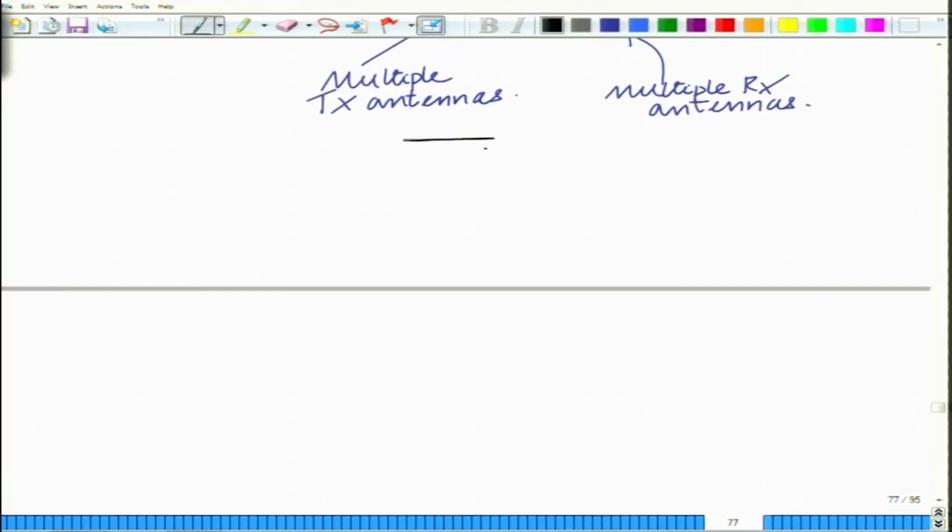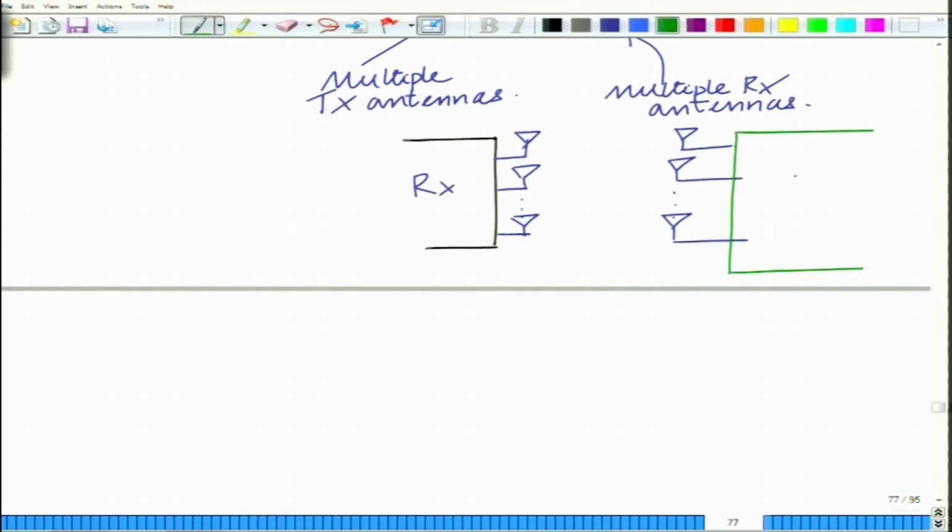And so, schematically you can represent, and we have seen this before, the receiver with multiple receive antennas. So this is your receiver, you have the transmitter with multiple transmit antennas, and this is the MIMO channel.